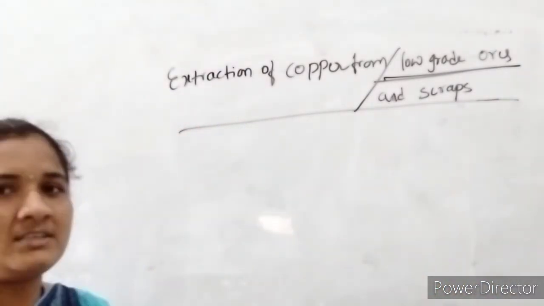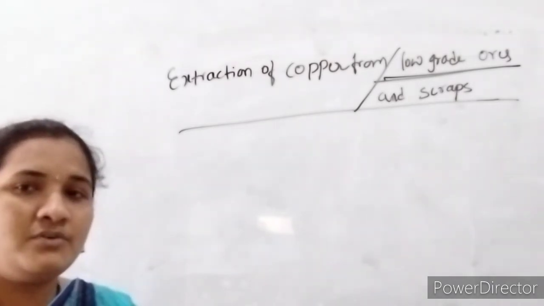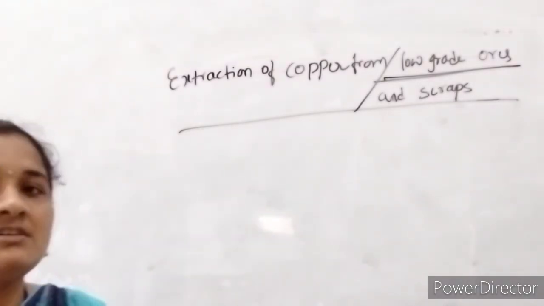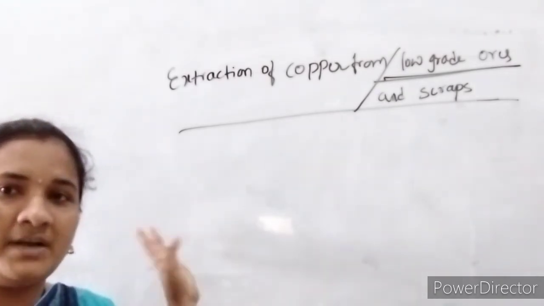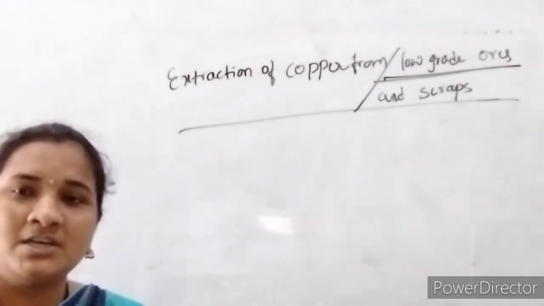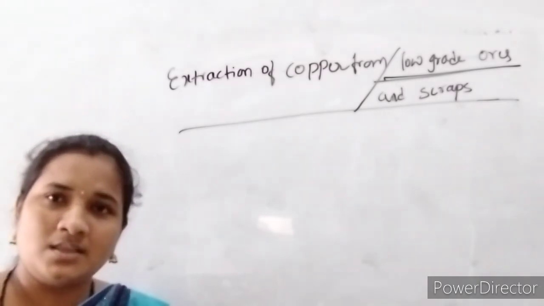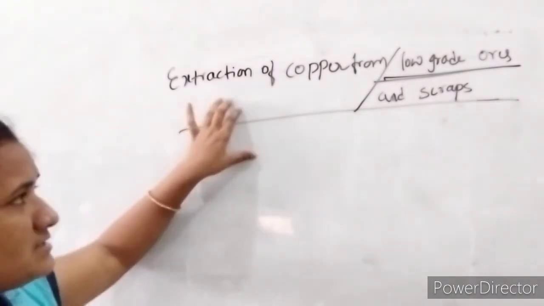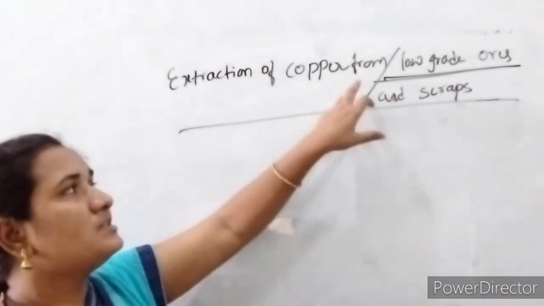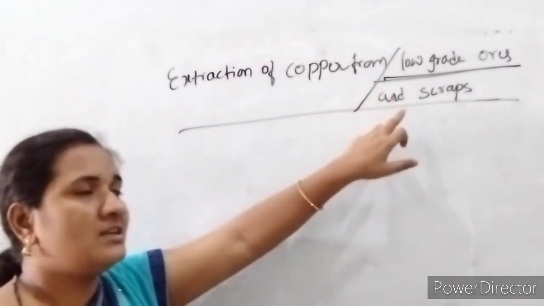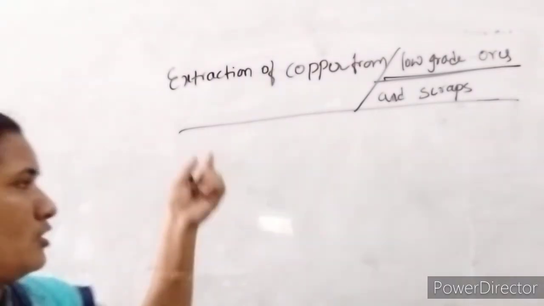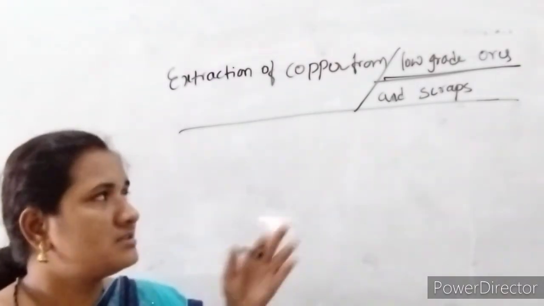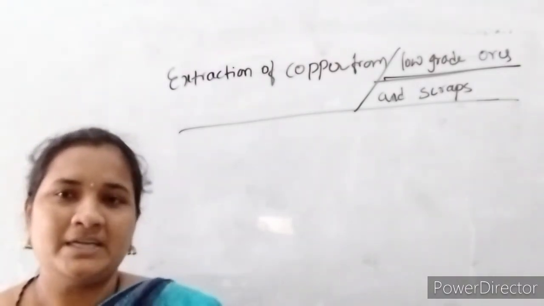If they are asking for the extraction of copper from copper glands or copper ore or cuprous oxide, you have to write from copper matte, by the use of a reverberatory furnace. But in this technique we are going to use copper ores or any low grade ores and scraps for the extraction of copper, meaning low grade ores or scraps, which are wasted material ores.